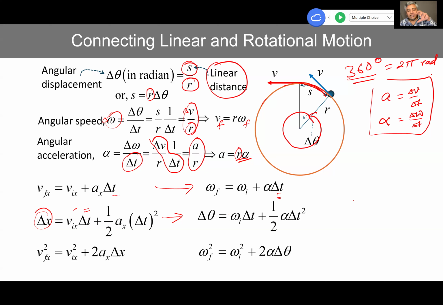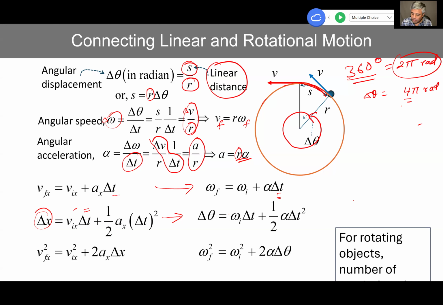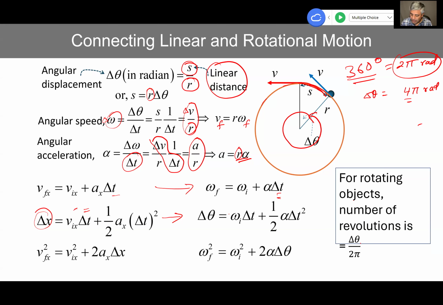If we calculate the total angular displacement, for example, let's say you found that as 4 pi radians, delta theta. What does that mean? That means it went through 2 revolutions. So how do you find that? To find the number of revolutions, you still find delta theta, but you divide that delta theta by 2 pi.